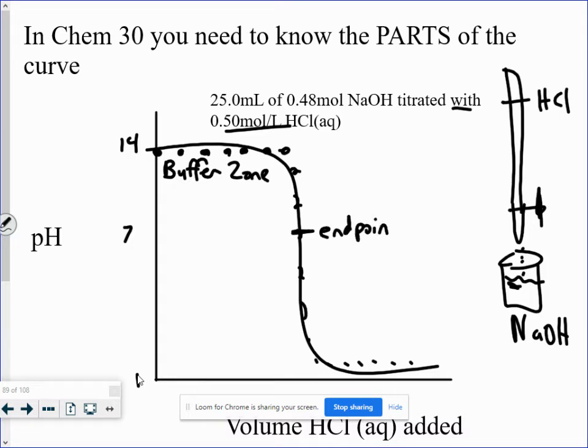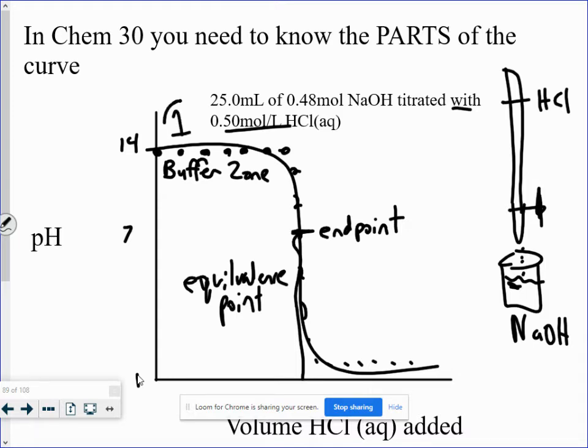At the end point, we also have something called the equivalence point. Now, that's super important. At the equivalence point, the mid-range of the drop, the moles of acid and base are equal. There's an equal concentration of moles.